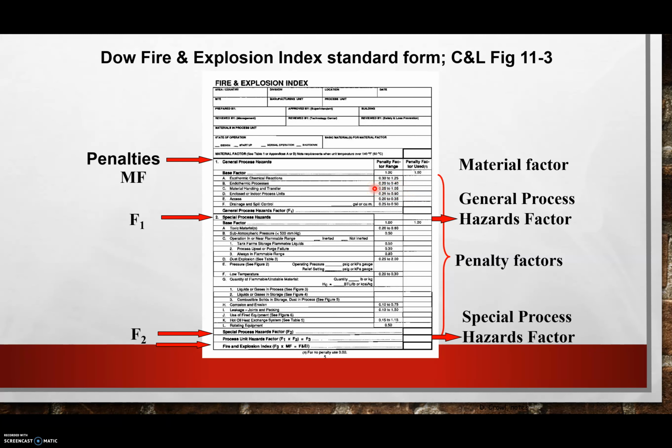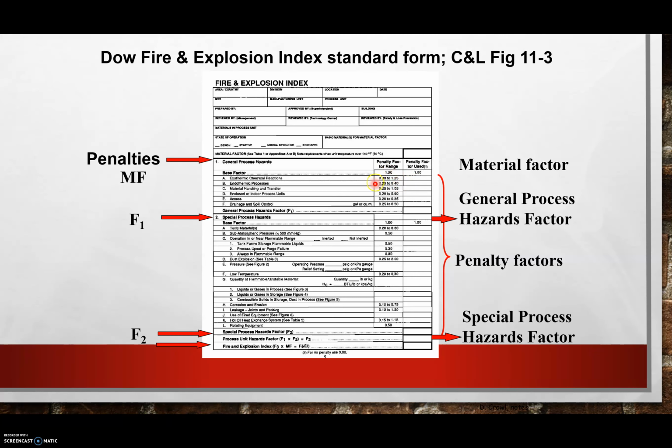That's why this survey should be done by an expert who has experience in handling all of these hazards, so that they know how the factors or penalties should be evaluated.